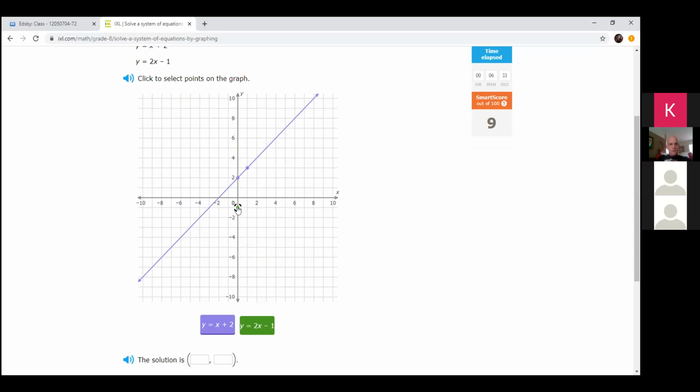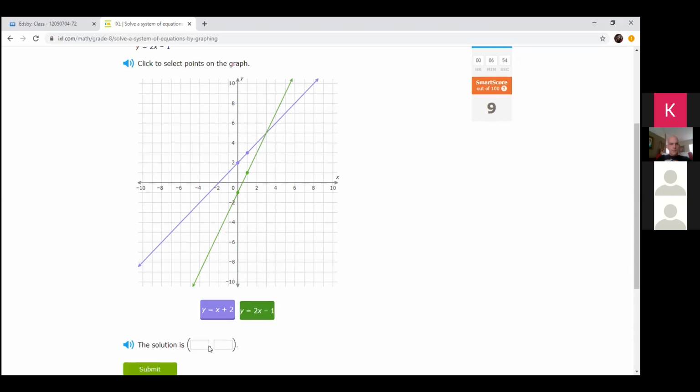And your slope is 2 or 2 over 1, right? So up 2, and you went up too far. Right here, and over 1. So that's your point. What is that one?